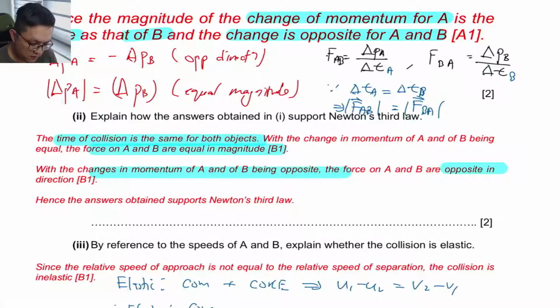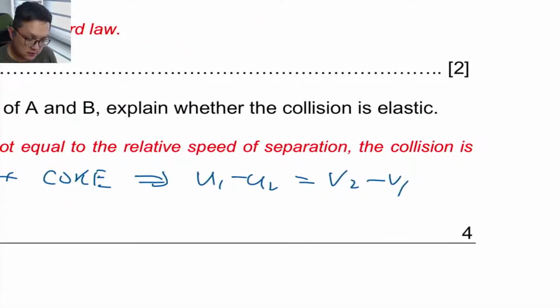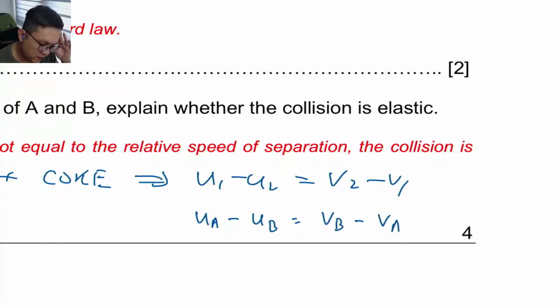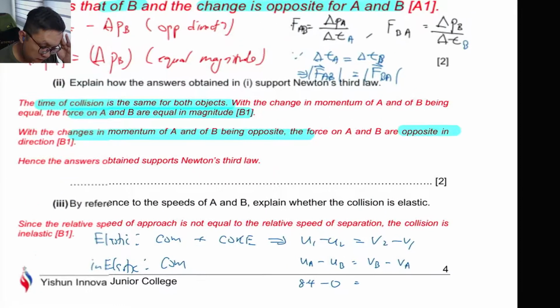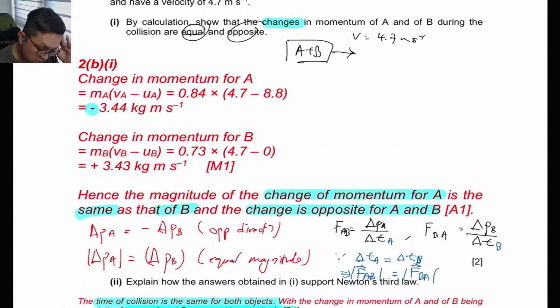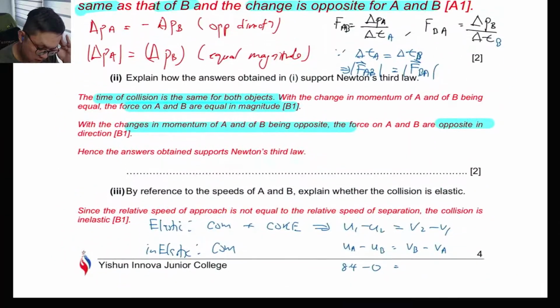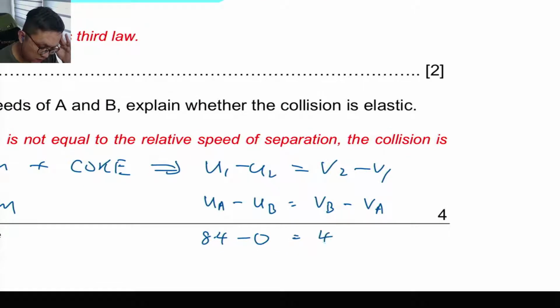If I were to write this, let one be A. So this will be UA minus UB equals VB minus VA. UA is 8.4, UB is 0. VB and VA is how much? 4.7. But I can see it's not correct here. 4.7 minus 4.7, so this is not equal at all.